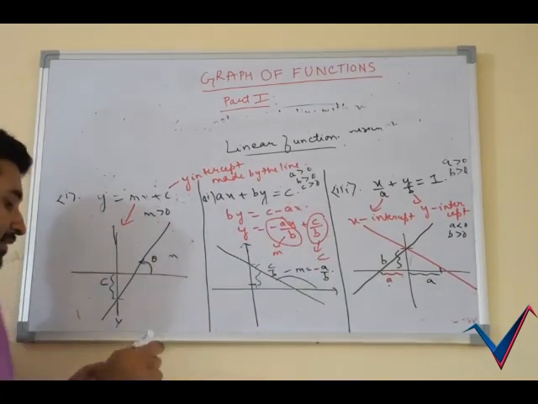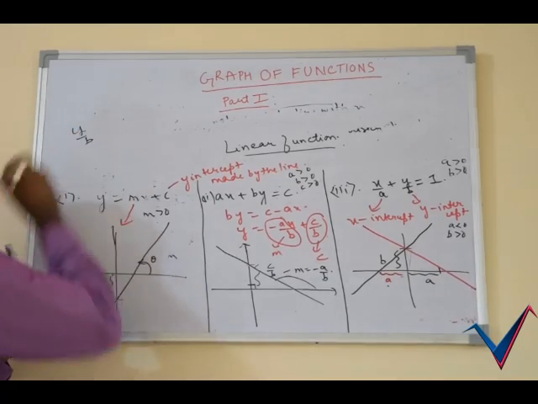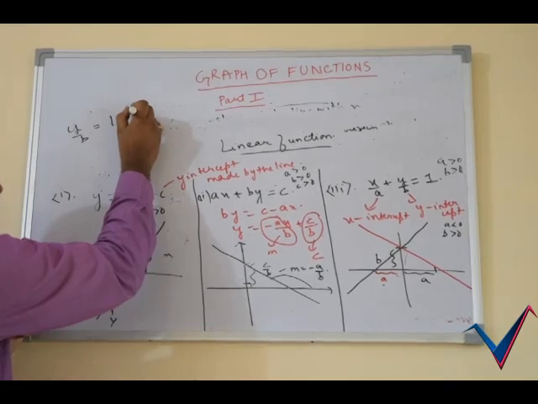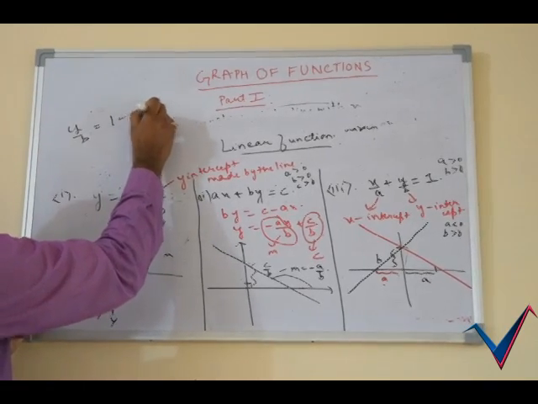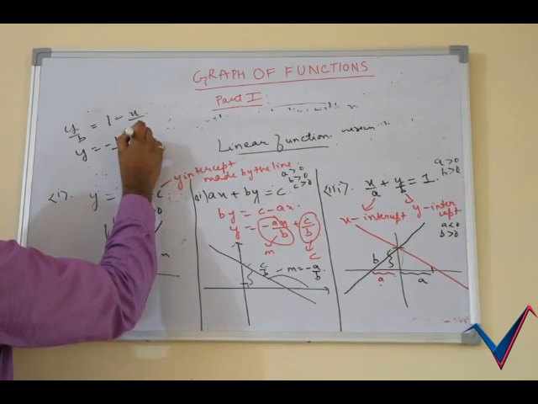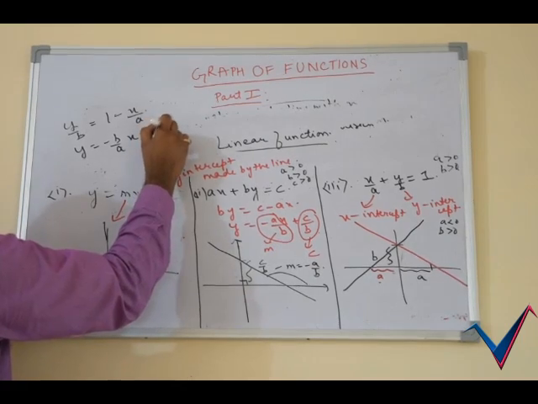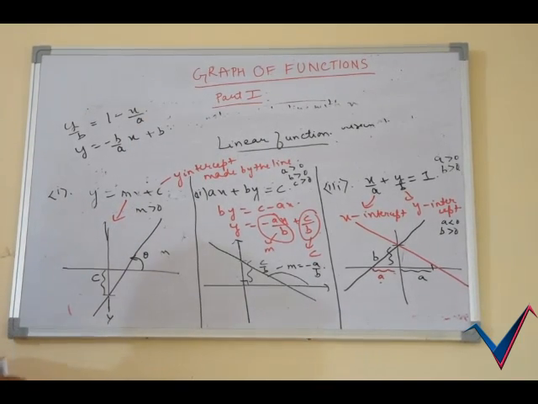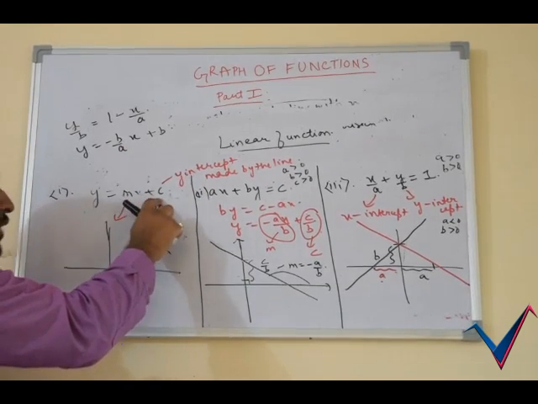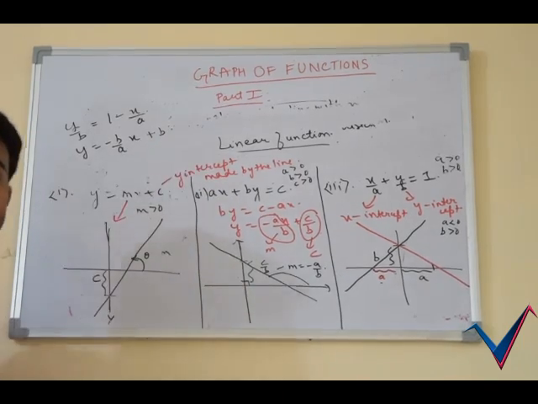We can write it as y by b is equal to 1 minus x by a, or y is equal to minus b by a x plus b. If you take this form, what is the slope? This is comparable to y equals mx plus c. The slope will be minus b by a and the y-intercept will be b only.